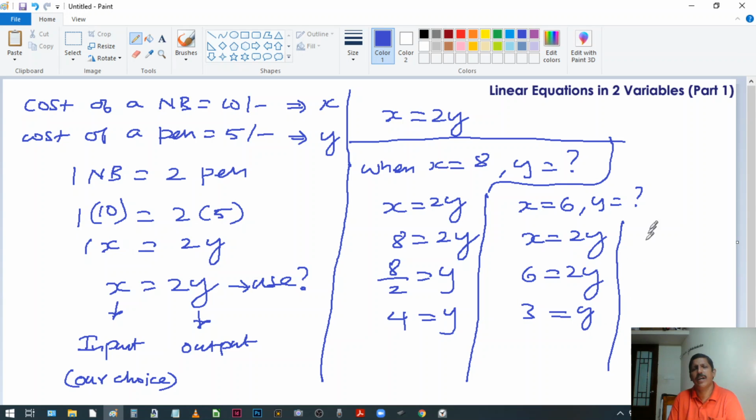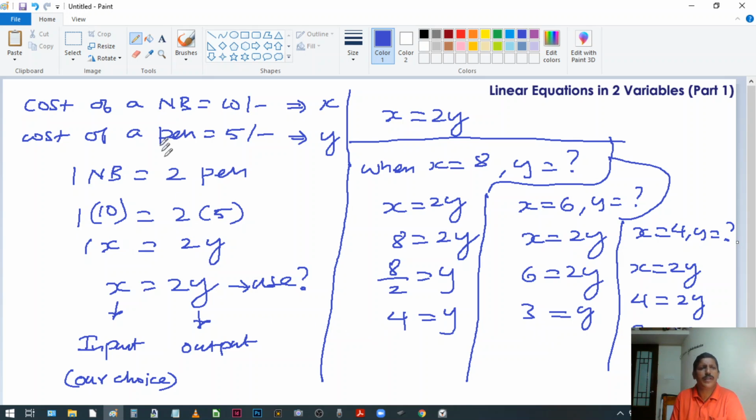Similarly, we can try again. When x is equal to 4, what about y? We can say that x is equal to 2y. So x is 4, 2y. What is the value of y? It is 2. When you divide 4 by 2, the answer is 2.